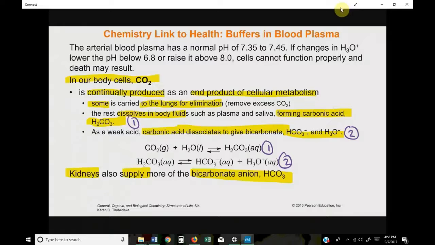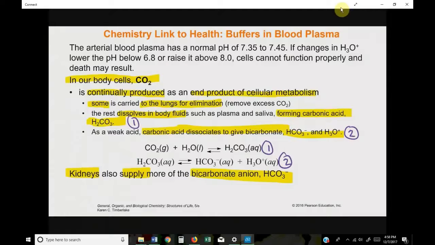That is our second reaction. So there are 2 steps in this process: CO2 dissolves in water to give carbonic acid, which then dissociates or ionizes to give bicarbonate and hydronium ion.